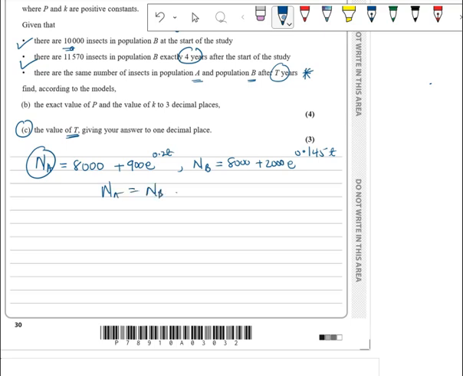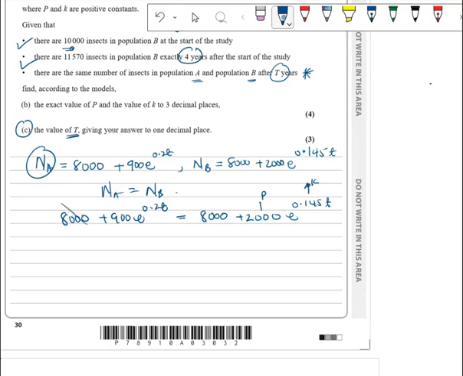That means we are solving the equation NA is 8,000 plus 900 e to the power of 0.2t, and this is equal to NB, which is 8,000 plus 2,000 e to the power of 0.145t. Remember, this is the value of k that you found in part B, and this is the value of p that you found. Now we are going to try to solve this equation.